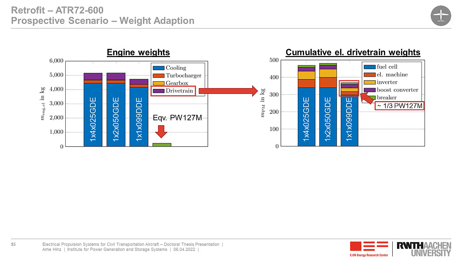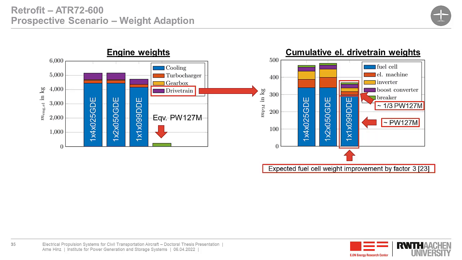And we can see here that the electrical drivetrain without the fuel cell is already 1/3 of the reference turboprop engine. Further, we can see here that the fuel cell is already as heavy as a turbocharger, but literature expects that the fuel cell weight will improve in future by a factor of 3. So we have another third of our reference engine.